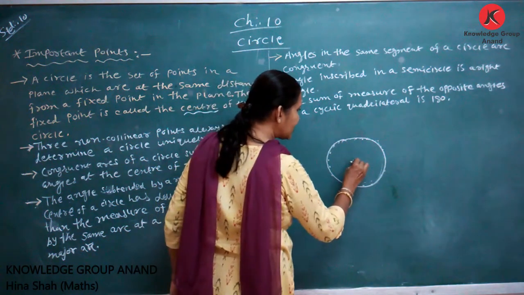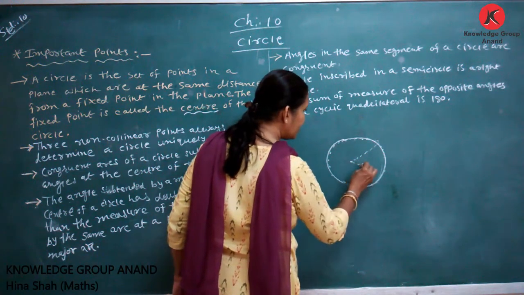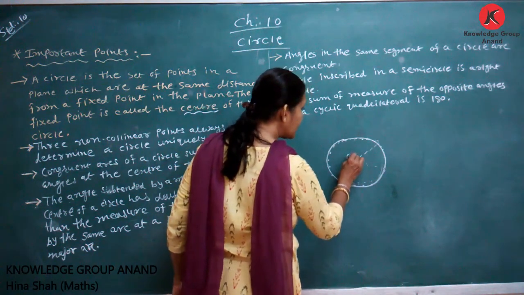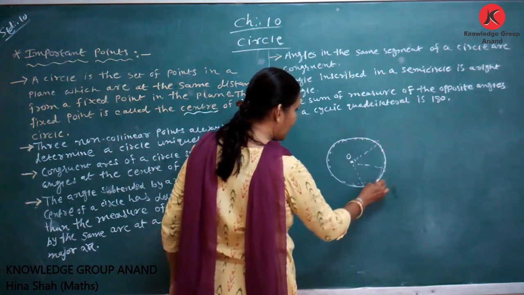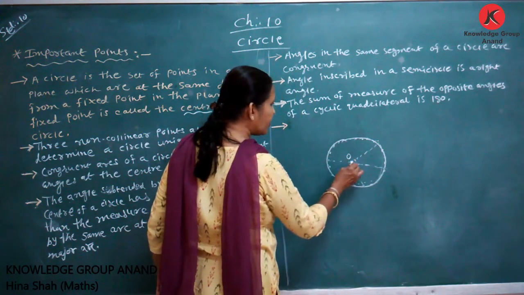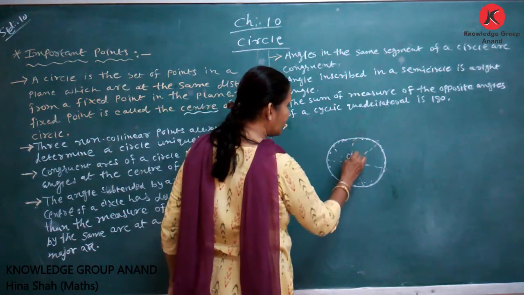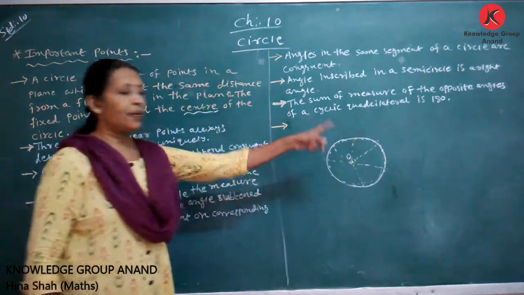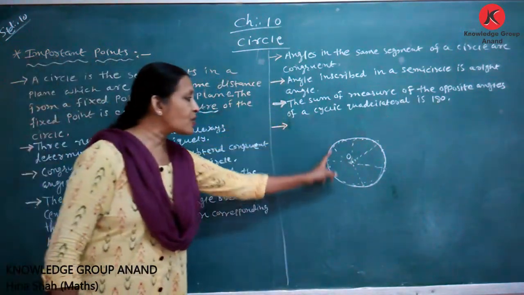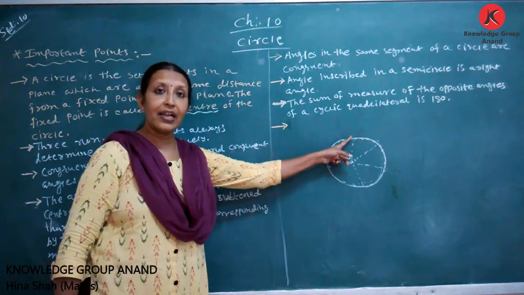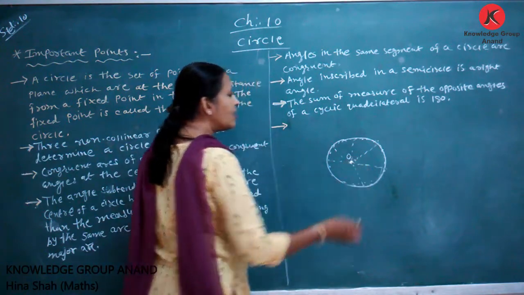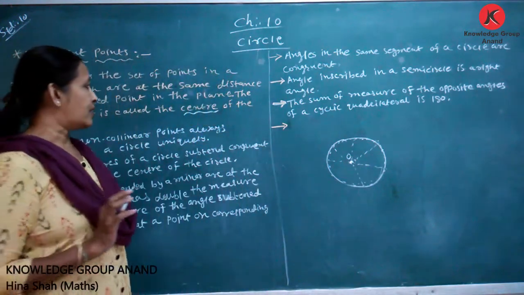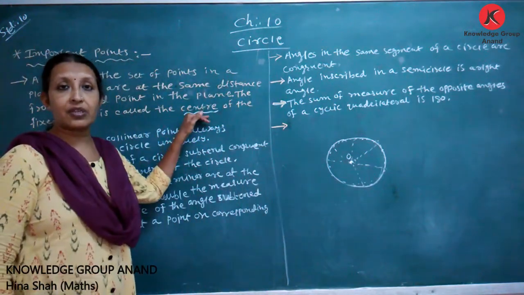This distance is the same from the fixed point. Suppose this point is O, and this distance is 4 centimeter, 4 centimeter, 4 centimeter. The set of all these points is called a circle, and this fixed point is called the center of the circle.